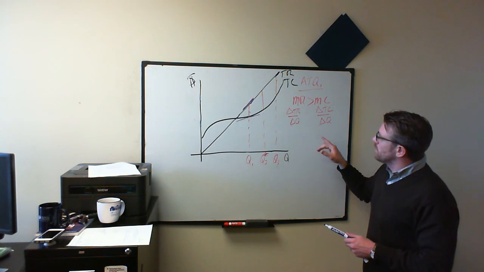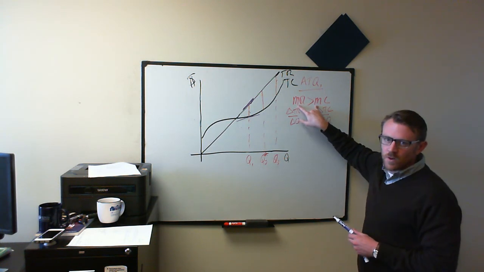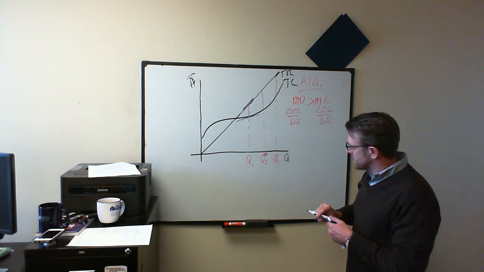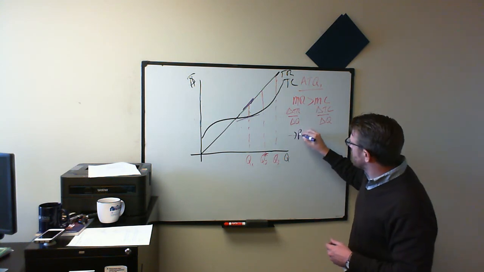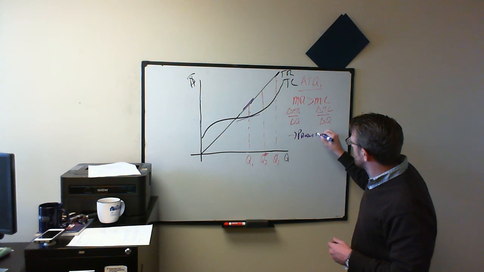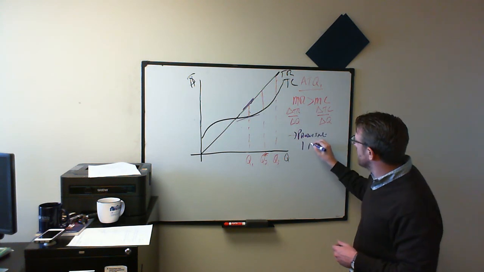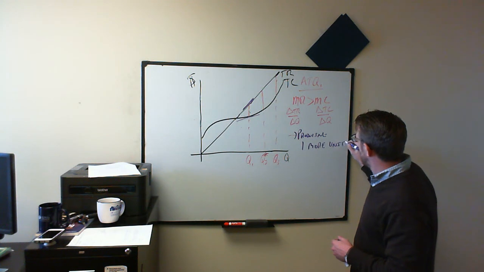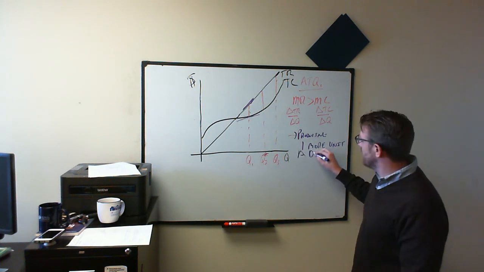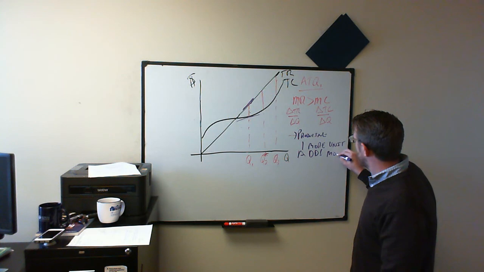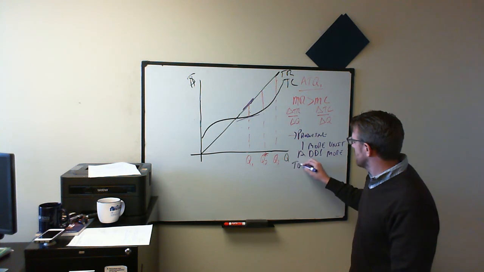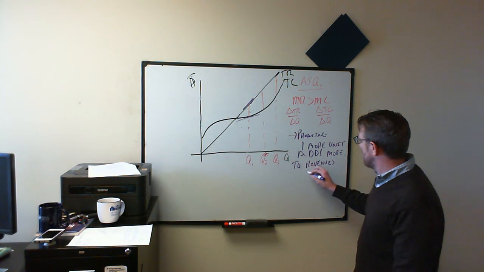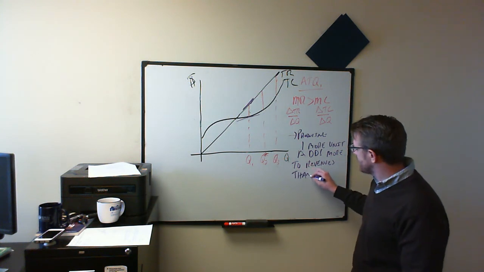And so what does this mean in words for marginal revenue to be bigger than marginal cost? It means that producing one more unit adds more to revenues than it adds to costs.